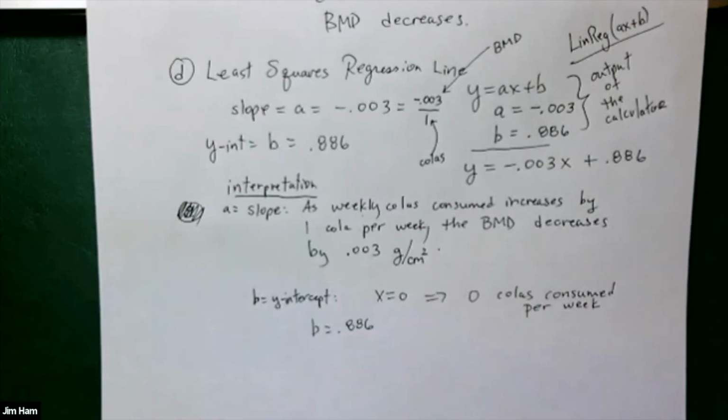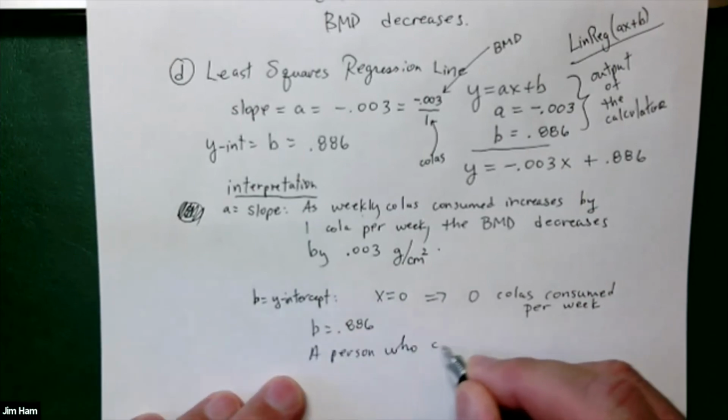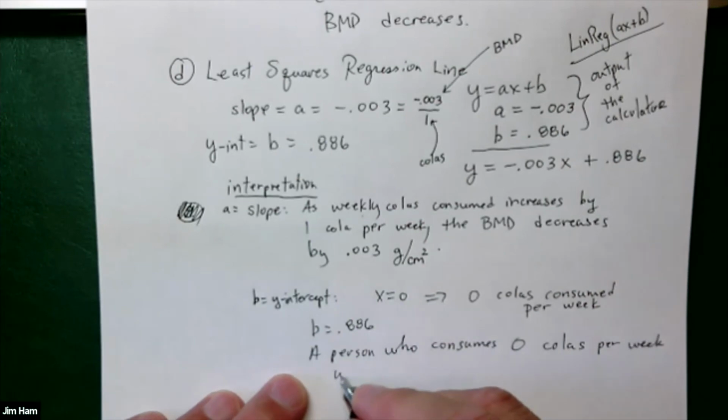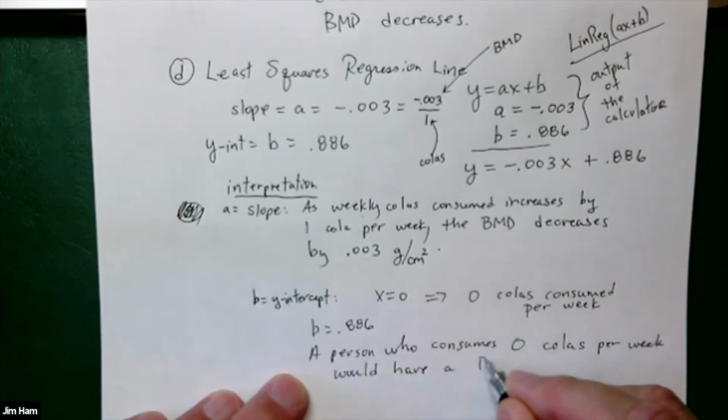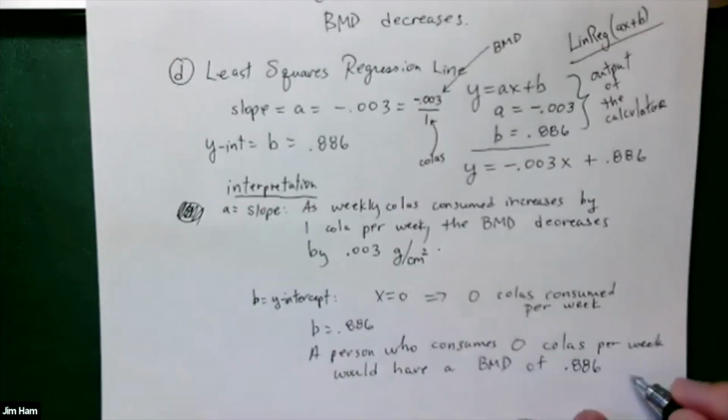All right, so here's the interpretation. A person who consumes 0 colas per week would have a bone mineral density number of 0.886. Again, the unit there is grams per square centimeter.